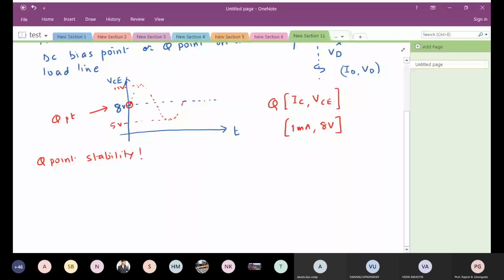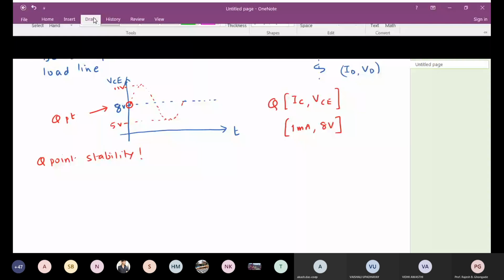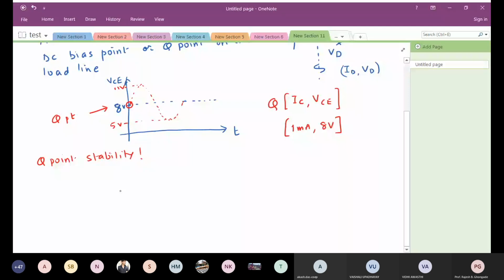What are the complications that may happen? A very simple example I can give you here itself. Because of some reasons, this Q point shifts down. Let us say it comes down to 6 volts.